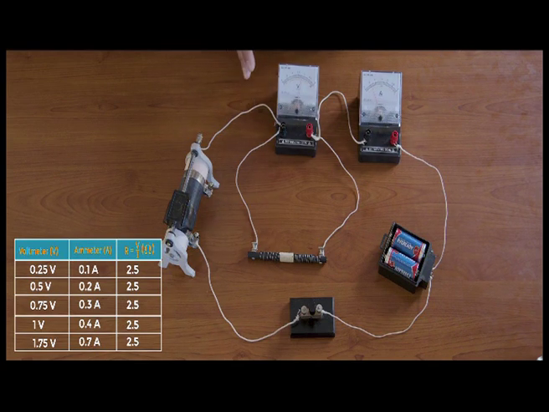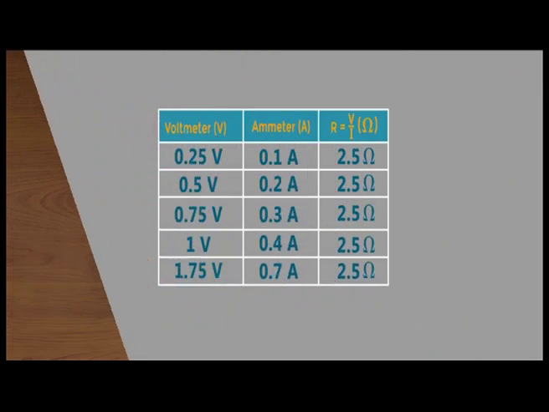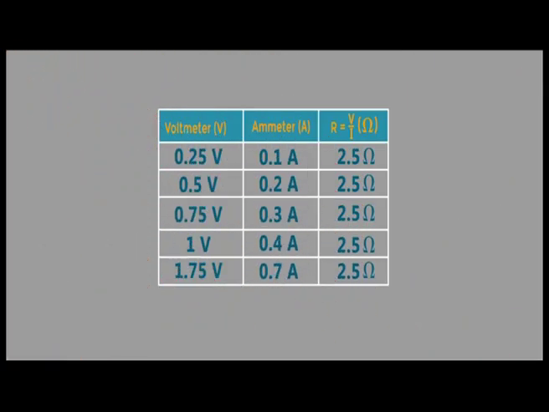So now let us try to plot a graph and find the slope of the V versus I graph and see the resistance, the constant there. Okay, my dear students, since we have already collected the data as shown in the table, now let us try to interpret that data and make some sense out of it.